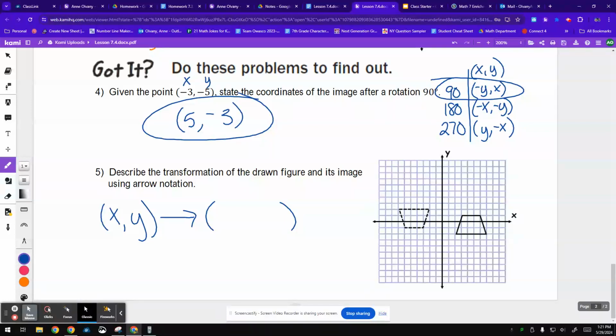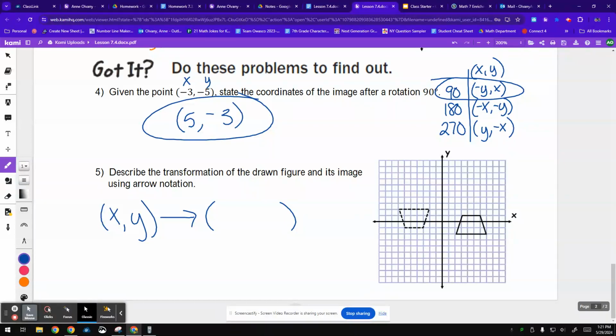That's all it's saying. The arrow's kind of like it becomes, it turns into. You're supposed to write the arrow notation. If you don't know what arrow notation is, you better be staying after school because we've been doing it for, what lesson is this, 4? Been doing it for 4 lessons.